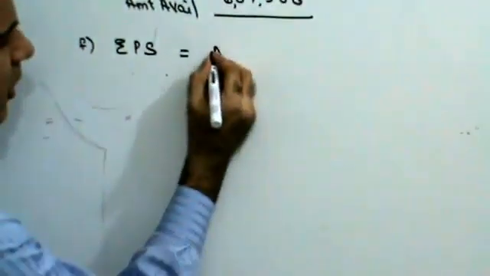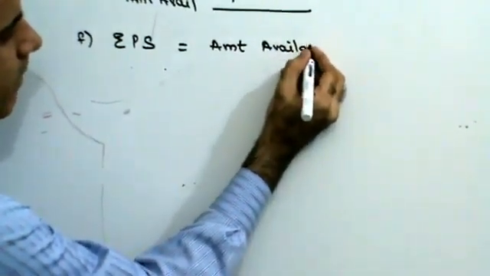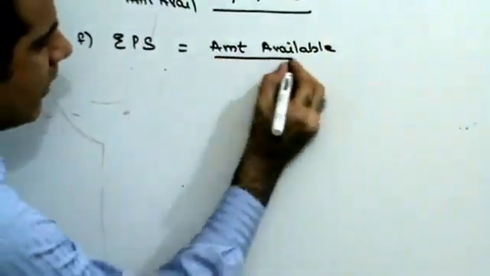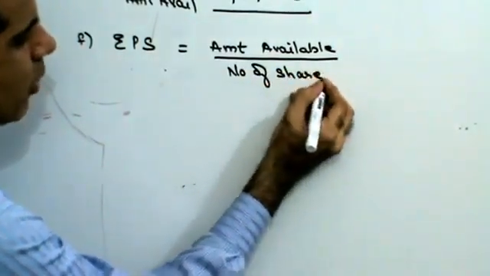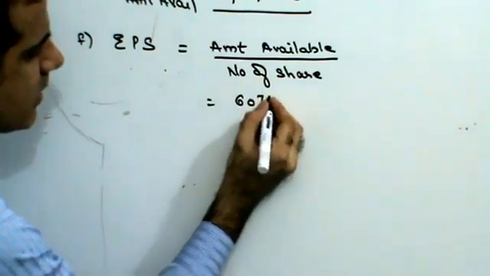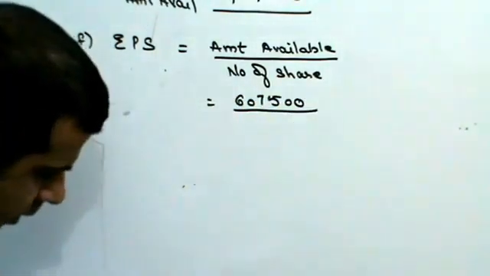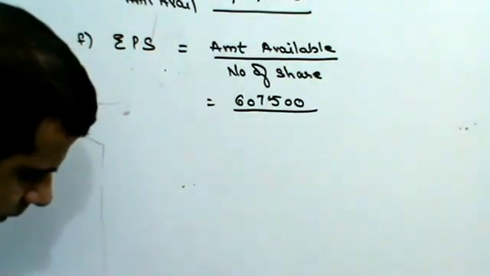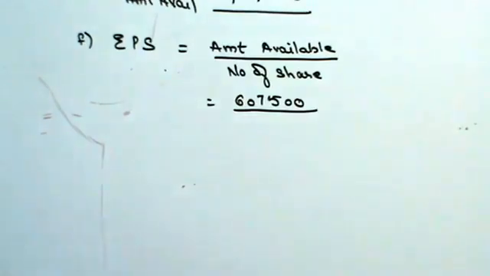EPS is earning per share. Earning per share is amount available divided by number of shares. So amount available is 6,07,500 divided by number of shares. Now, they said that all shares are of 100 rupees. My equity share capital is 33,75,000.